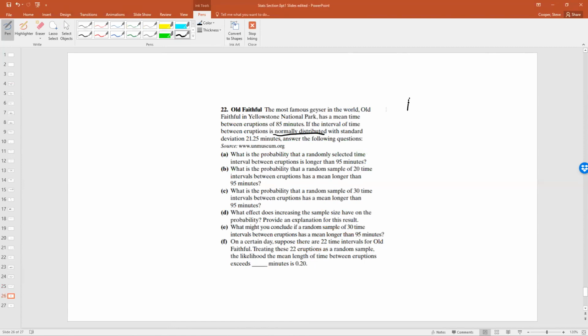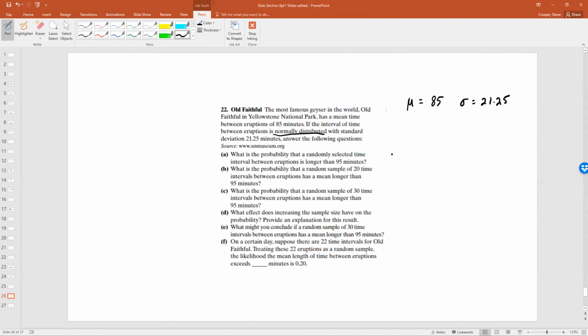So let's just document the underlying mean, 85, and the underlying sigma is 21.25. And since they said it's normally distributed, we don't have to worry about n, the sample size. So n could be any sample size here.